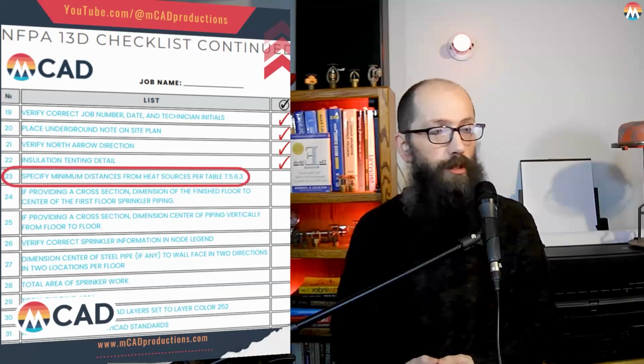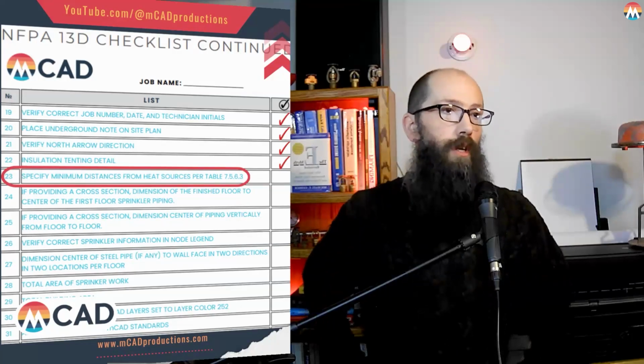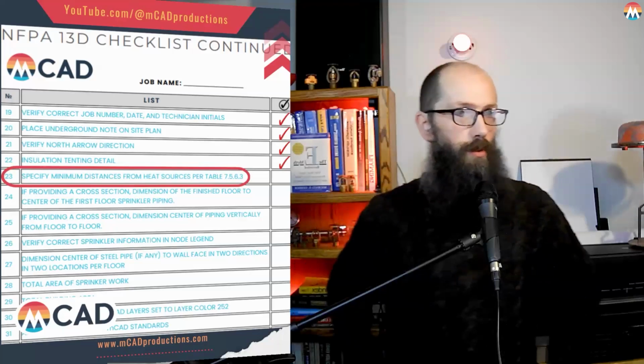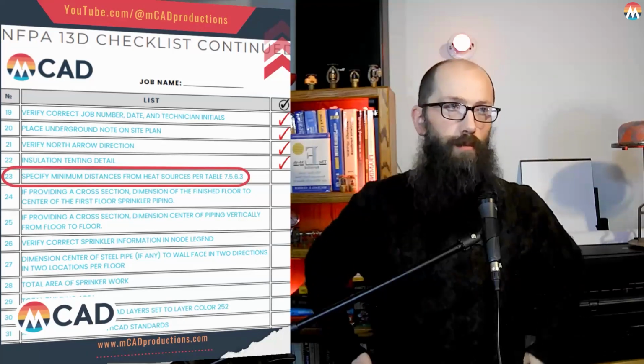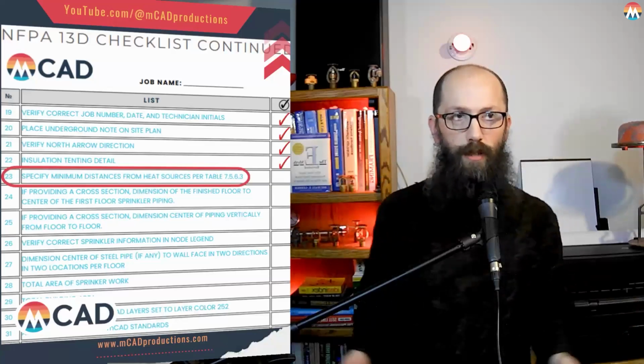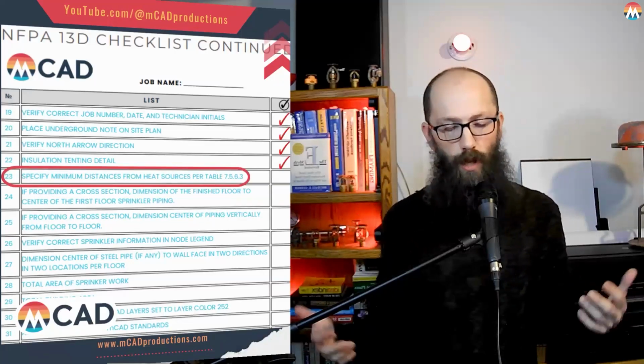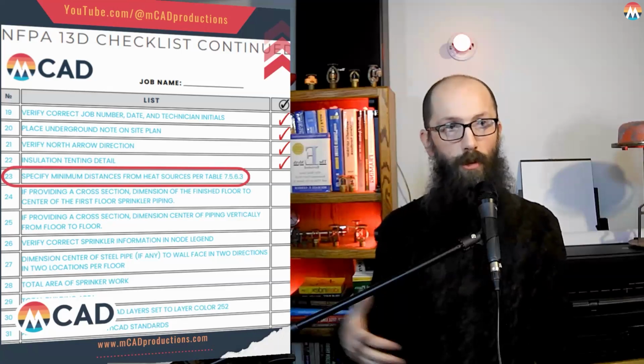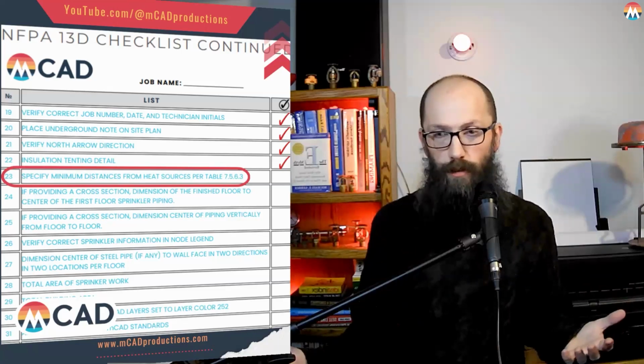Let's see. So specify minimum distances from heat sources per table 7.5.6.3. Okay, so again, this is kind of like the closets and the bathrooms where it's not required.